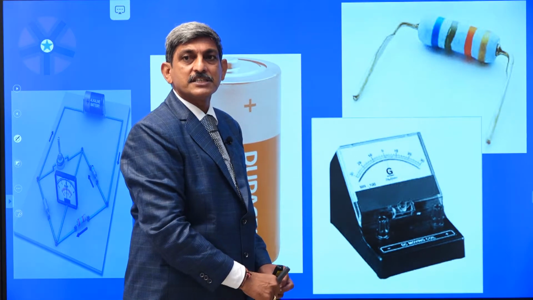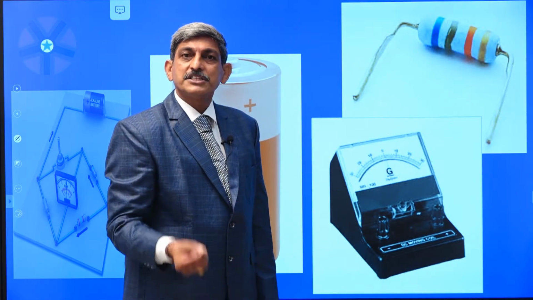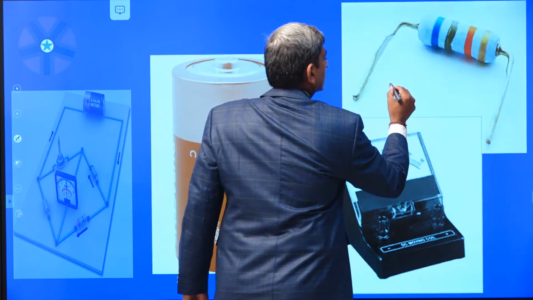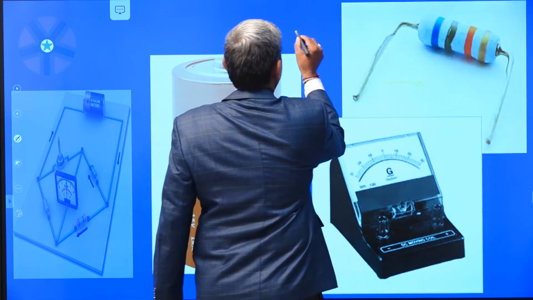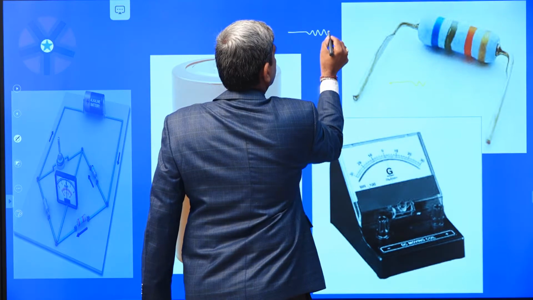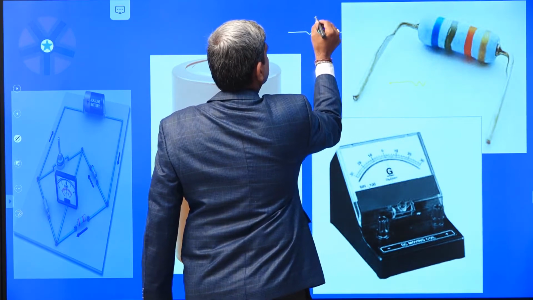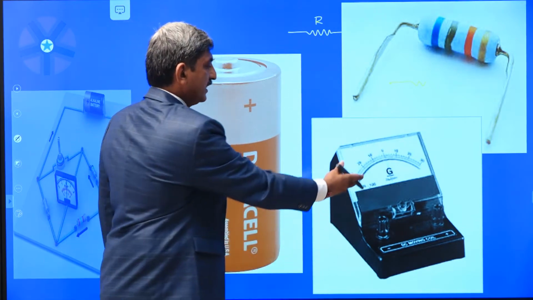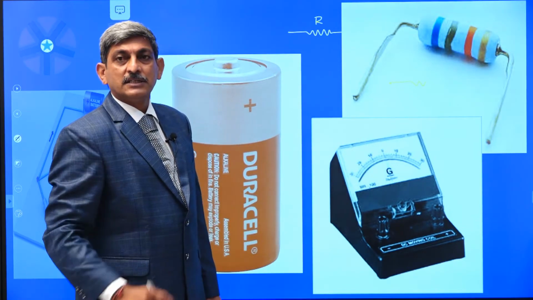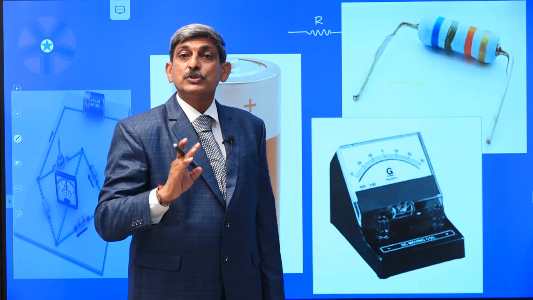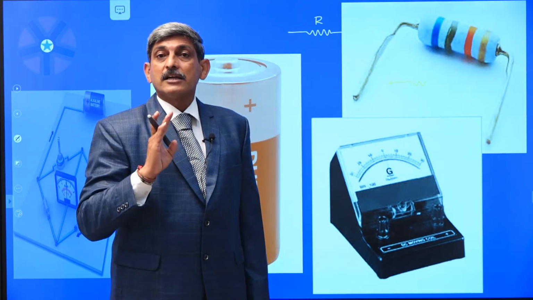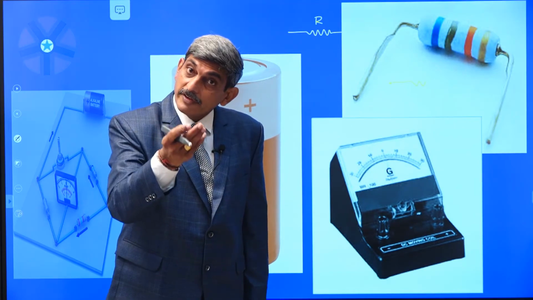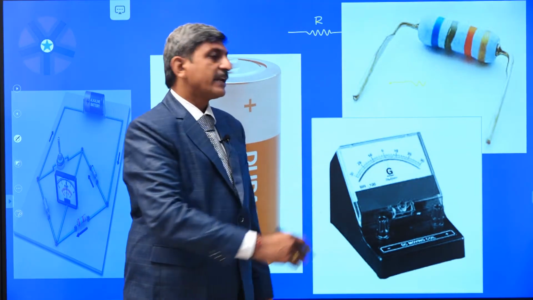Generally, the size of the resistor in an electronic circuit is very small, and in electrical networks this is represented by a symbol like this, and the resistance is represented by the letter R. This is the galvanometer. The galvanometer is used to detect the electrical current passing through the circuit. See, even though the current is very, very small, this galvanometer can detect the current.